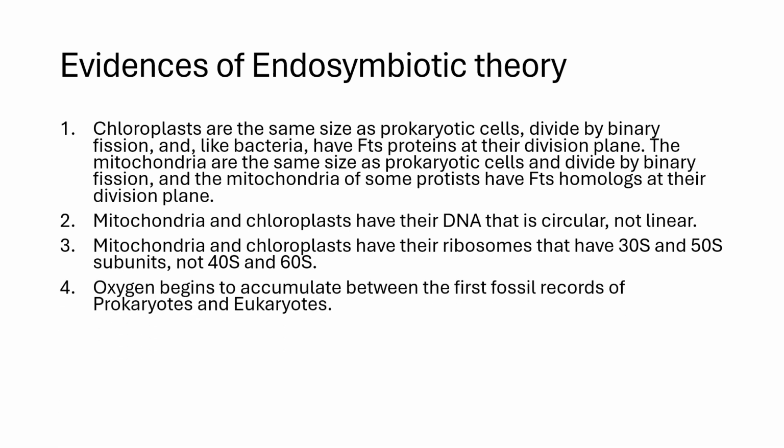Oxygen begins to accumulate between the first fossil records of the prokaryotes and the eukaryotes. The interesting thing is that when the mitochondria, or a mitochondria-like prokaryote, entered the eukaryotic cell and it started to respire, or it might have been respiring aerobically from before, aerobic respiration ultimately released oxygen.